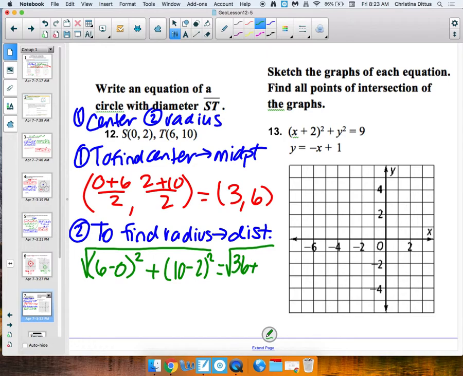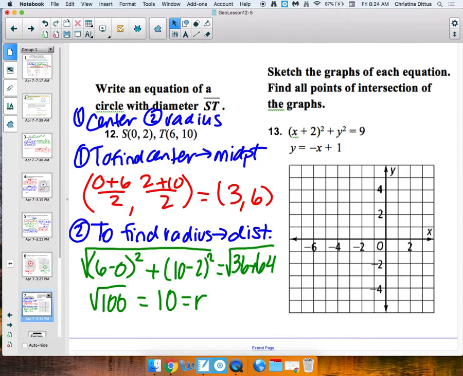So 36 plus 10 minus 2 is 8, 8 squared is 64. Add them together, 100. Square root of 100 gives me 10. So my radius is 10.